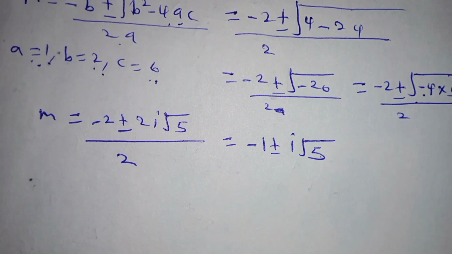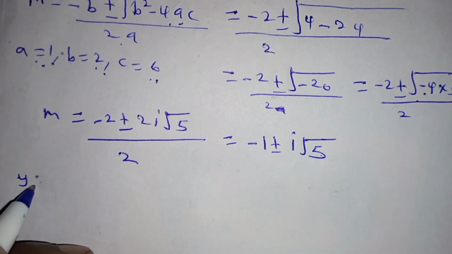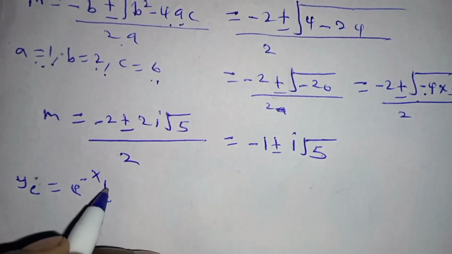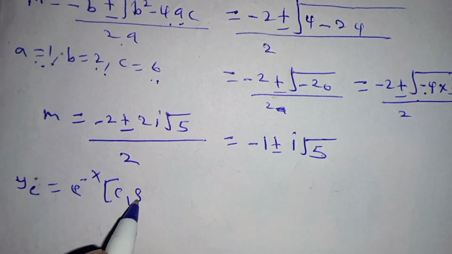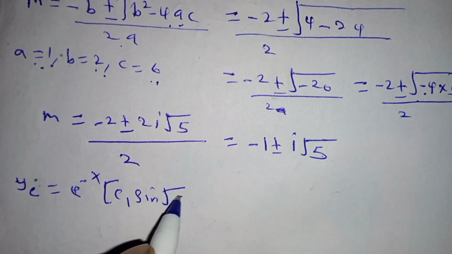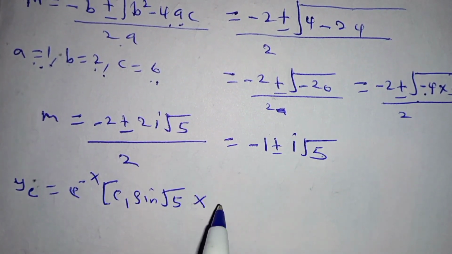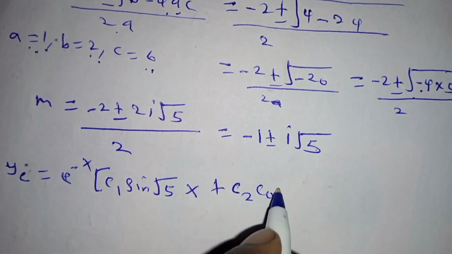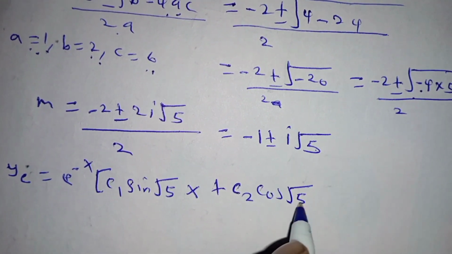So our y complementary will be given by exponential negative x into bracket c1 sine of root of 5x plus c2 cos of root of 5x.